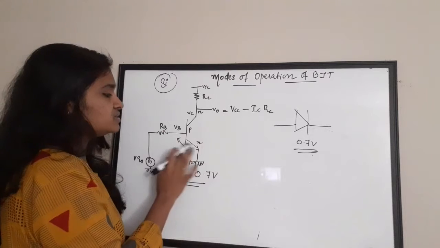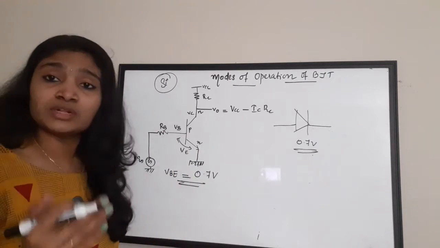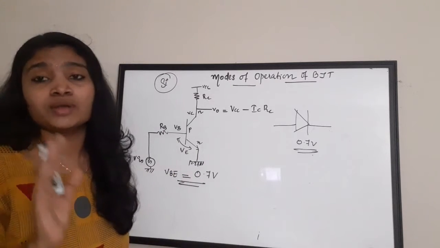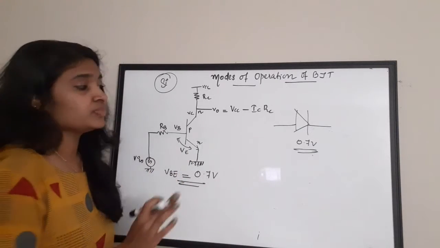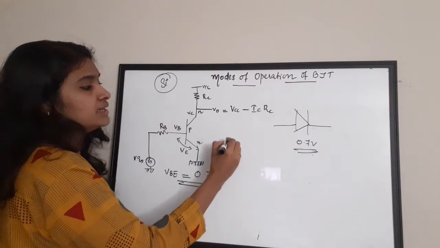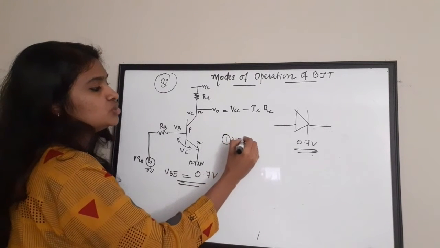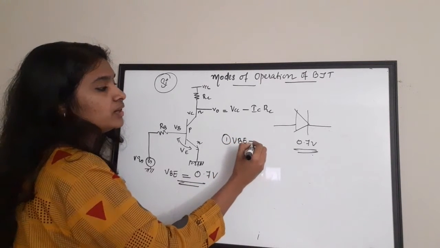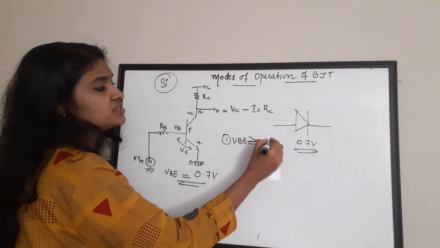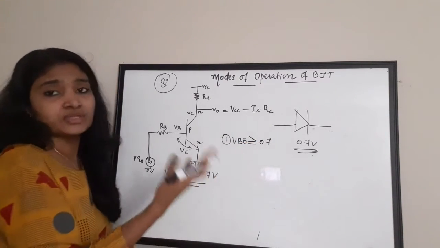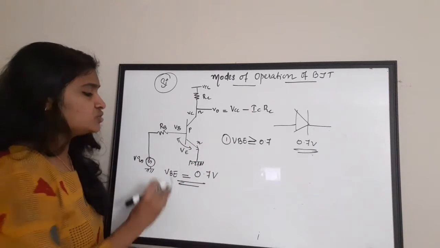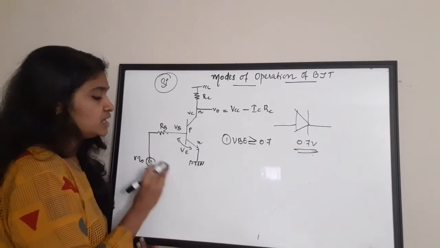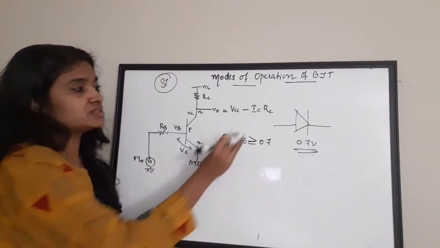So base emitter voltage should be equal to or greater than 0.7. Only then the base emitter junction will get forward biased. So that is one condition, that is VBE should be equal to or greater than 0.7. Ideally we get 0.7 only. So VB should be greater than or equal to 0.7 to turn on the base emitter PN junction. I hope it is clear.